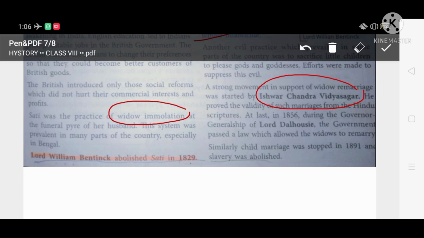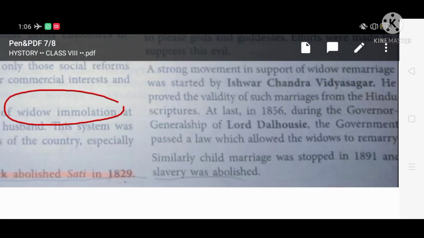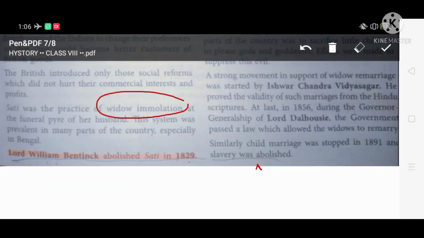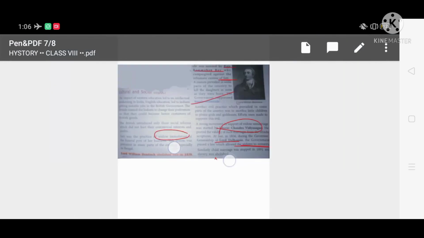In 1856, during the governor-generalship of Lord Dalhousie, the government passed a law which allowed widows to remarry. So with the help of Ishwar Chandra Vidyasagar, Lord Dalhousie did this. Similarly, child marriage was stopped in 1891 and slavery was abolished.